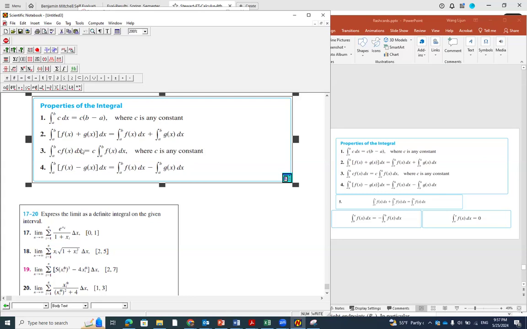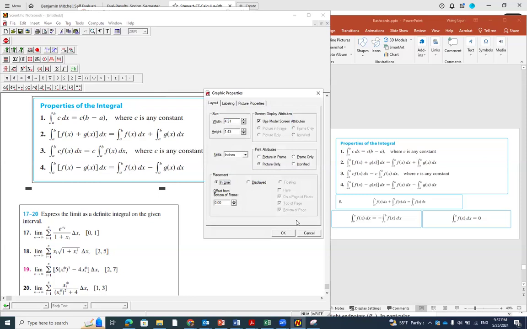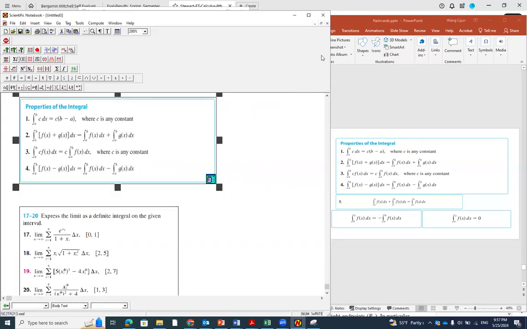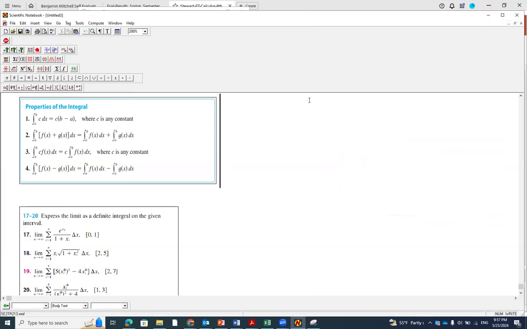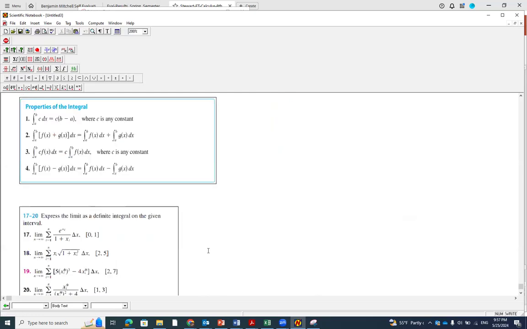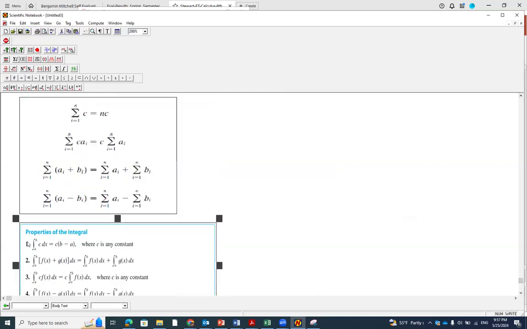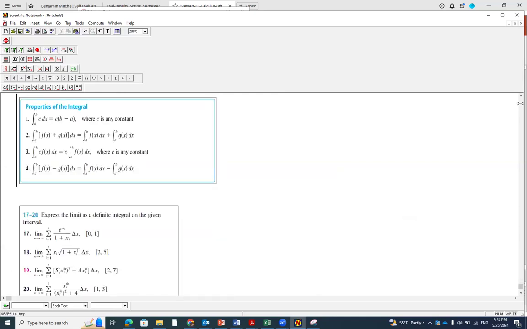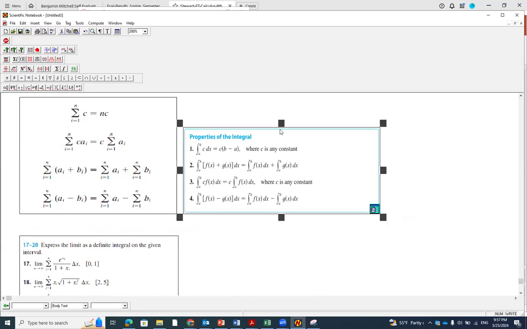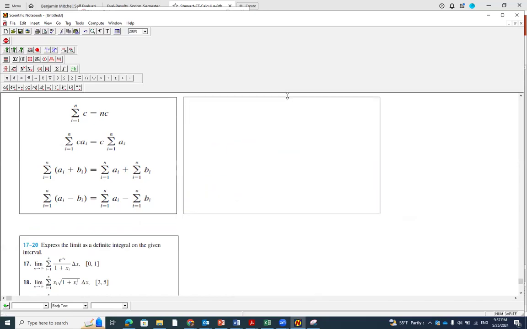Subtraction is number 4. All of these properties are actually consistent with the summation property. So I'm going to put these two properties next to each other. There.